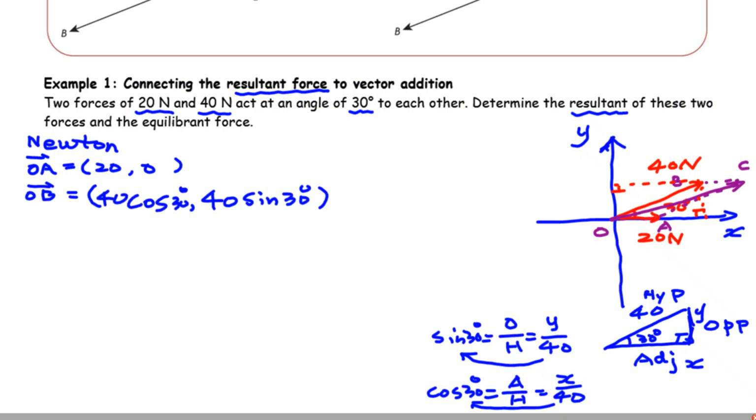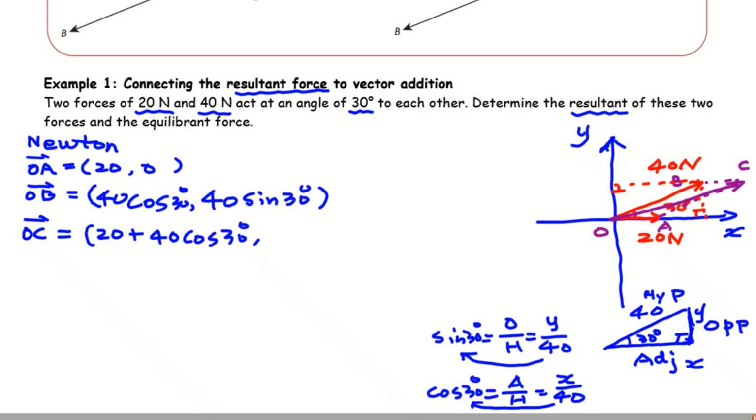And in order to find the sum of these two, we know from the component vectors that we just add the x direction together and the y direction together. So OA plus OB gives us OC, which is 20 plus 40 cosine 30 degrees.